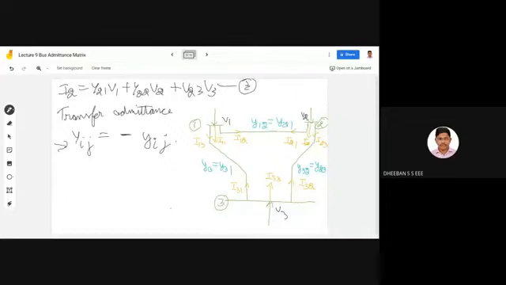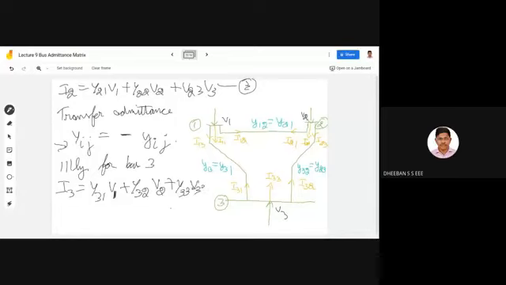Similarly for bus 3, your I3 value will be equal to, I'll just write it directly, you can formulate it by yourself: y31 v1 plus y32 v2 plus y33 v3.